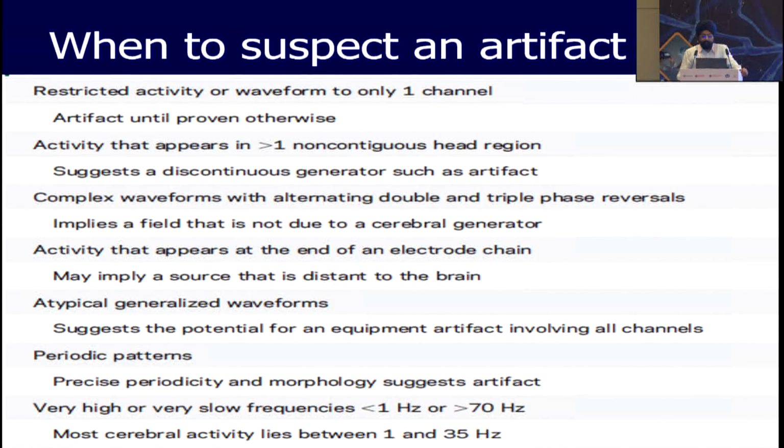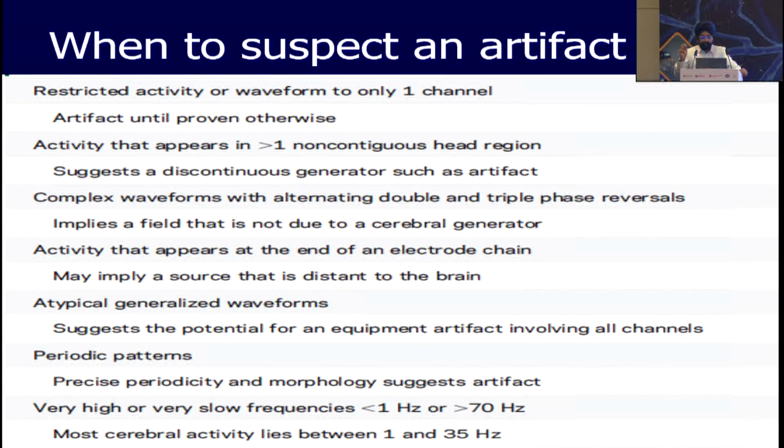Complex waveforms with alternating double and triple phase reversal, so that means it is not from the brain itself, and that appears at the end of the electrode chain, that also can be an artifact, may imply a source distant to the brain. Then you have atypical generalized waveforms, which suggest a potential equipment artifact which can involve all the channels.